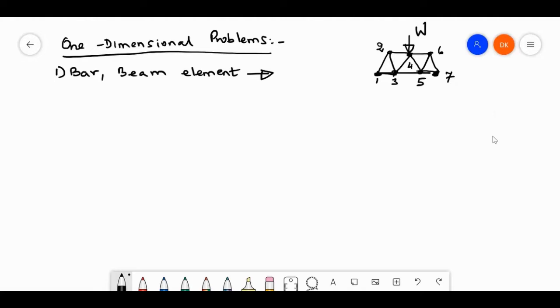If you have an electric tower, it looks like this, with cables going along this way. So here it is formed as a truss. This is the electric tower.